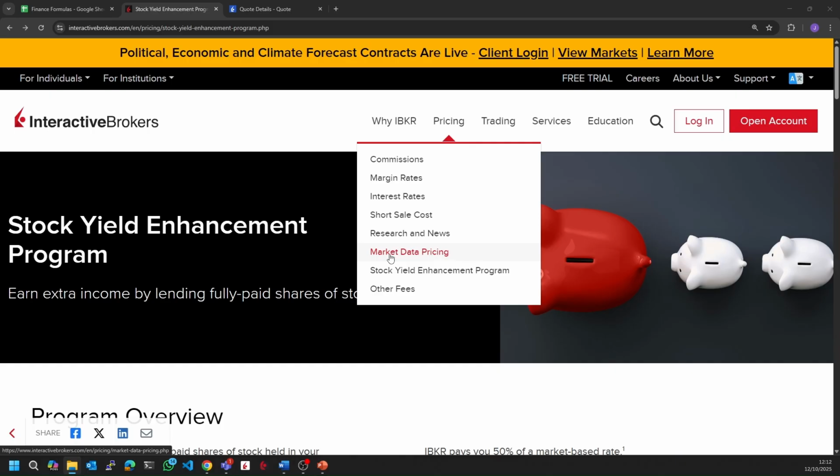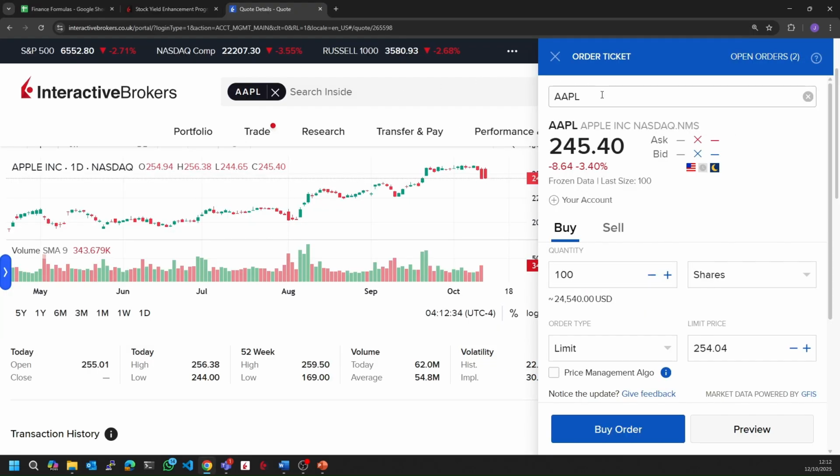However, Interactive Brokers is giving this data free of charge also for regular investors for an amount of $1. Here I have opened an order ticket, and right now I'm outside of regular market hours, but usually you will get a green refresh button here. When you click this button, you will get this live price updated free of cost.